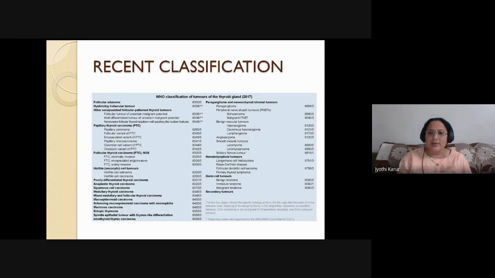In oncology, thyroid was one of the least important organs, because thyroid cancers used to constitute a very small number of cases compared to the other cancers. So the cancers were restricted to papillary, follicular, lymphomas, like that. But with better diagnostic modalities, we are picking up more and more types of carcinomas. Each and every cancer can occur in thyroid, like paragangliomas, hematolymphoid tumors, germ cell tumors.